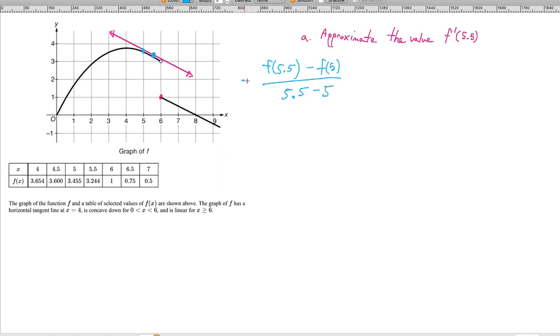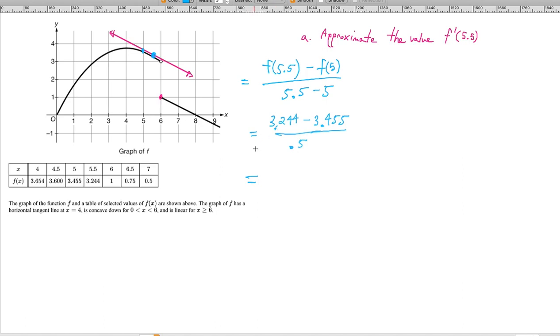Let's just do that. Then this is 0.5, f of 5.5, I go down to this table, is 3.244 minus f of 5 is 3.455. Now I want to find out what this equals.